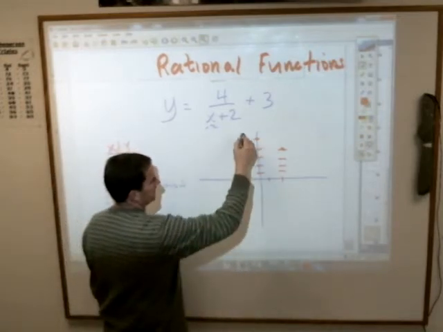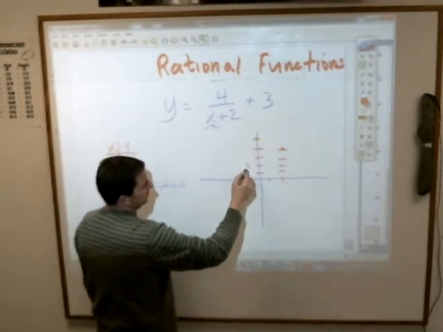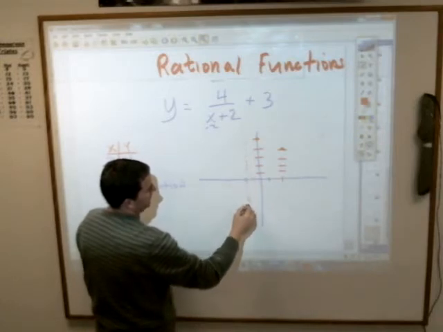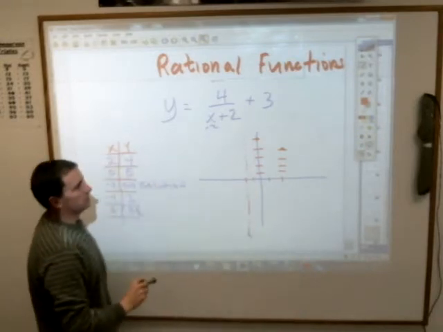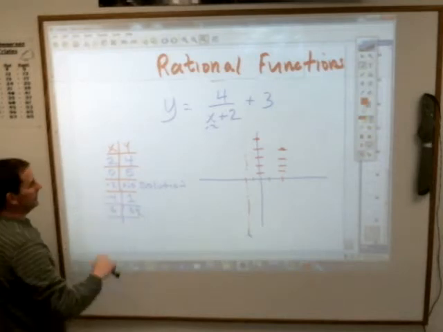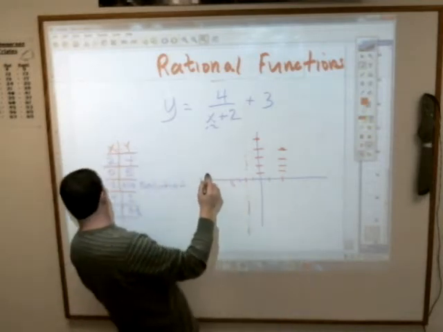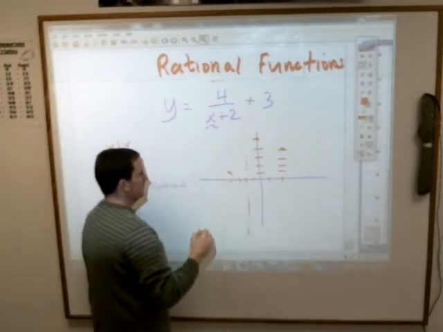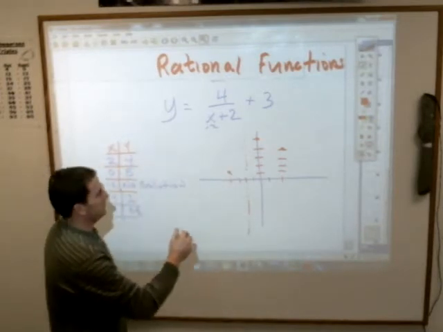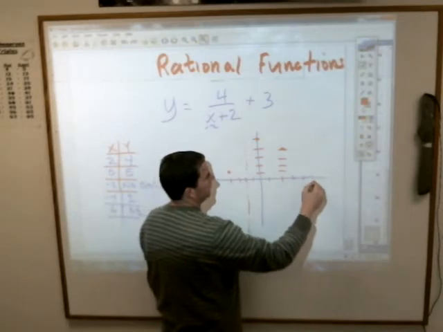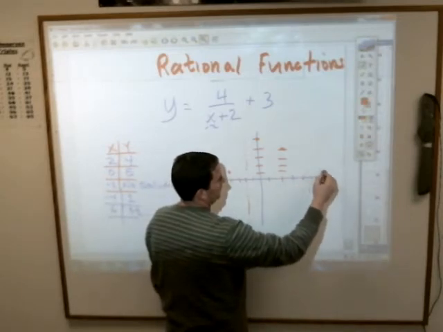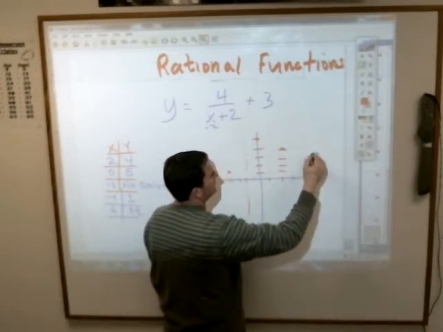So I'm going to put a dashed line right there. There's no solution there. It doesn't work there. -4 is 1. Correct? 6 is 3.5.